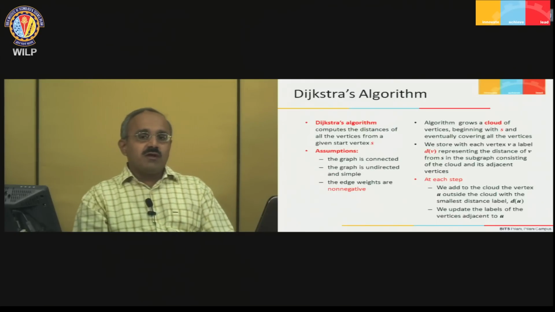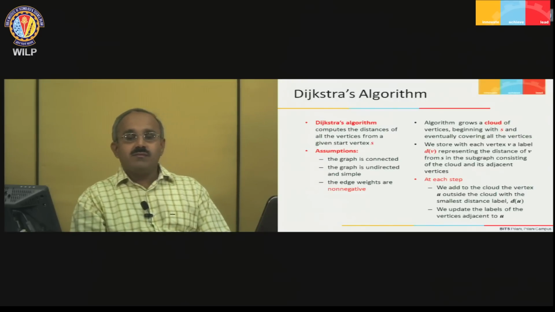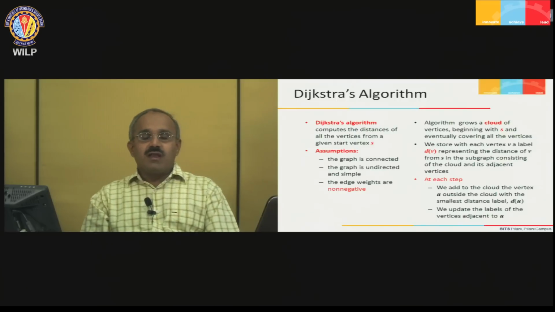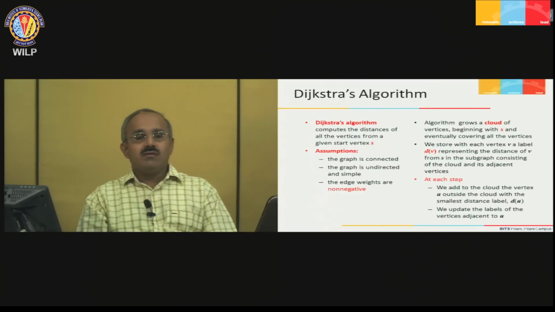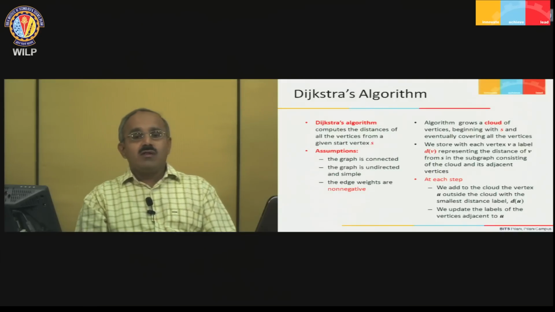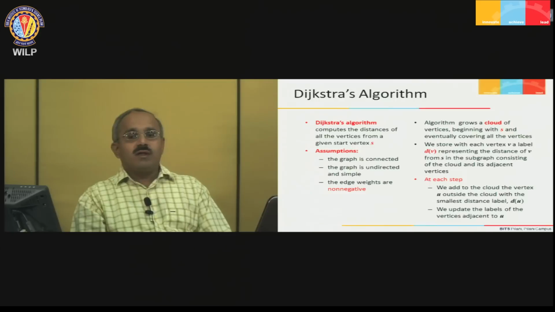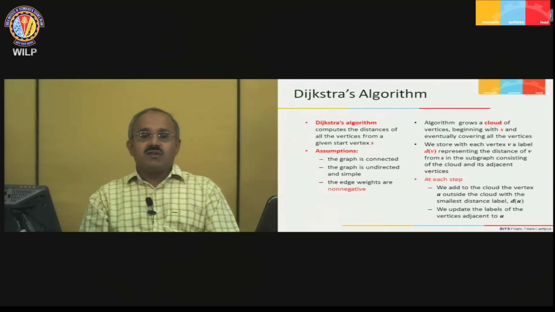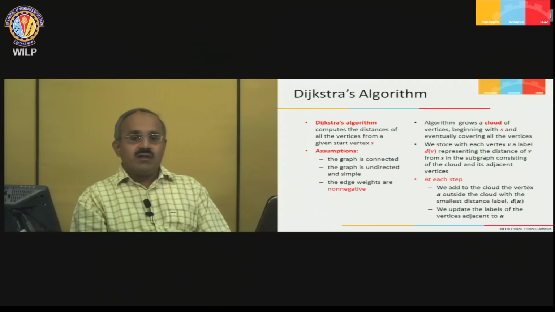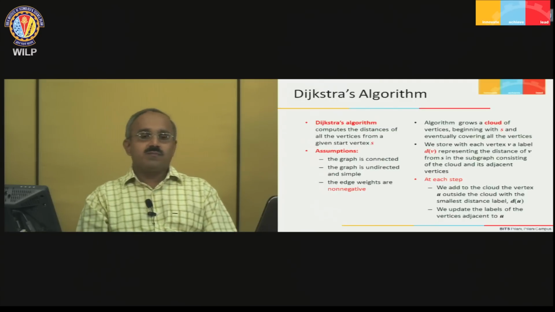Obviously, the graph has to be connected, so that there exists a path between a source and a destination. We will also assume that the graph is undirected and simple, and crucially we will also assume that negative weight edges are not allowed, that is, edge weights are going to be all non-negative, or bigger than or equal to 0.